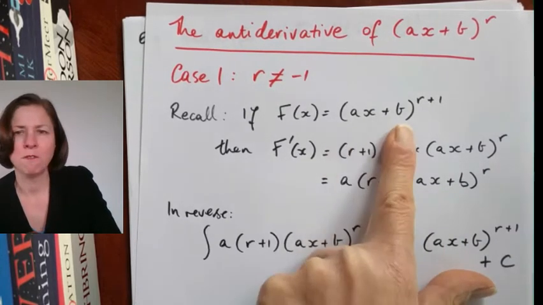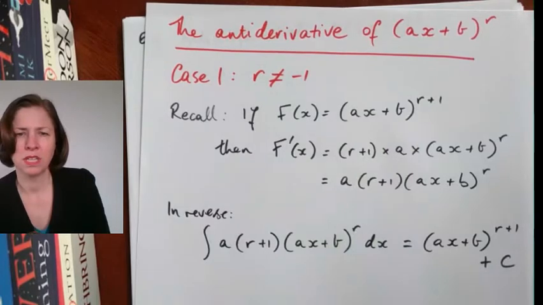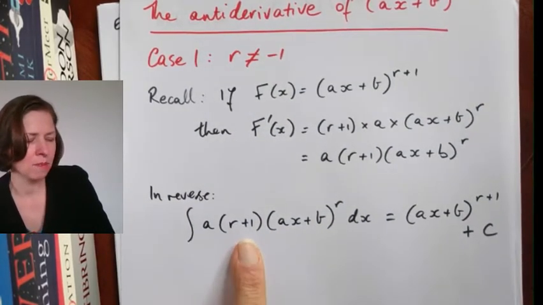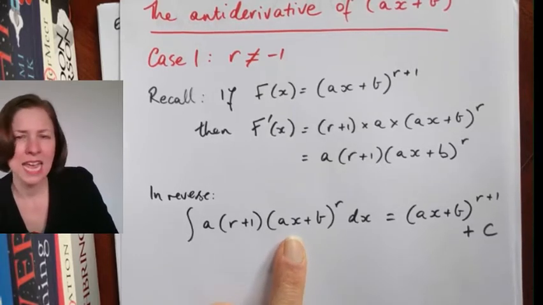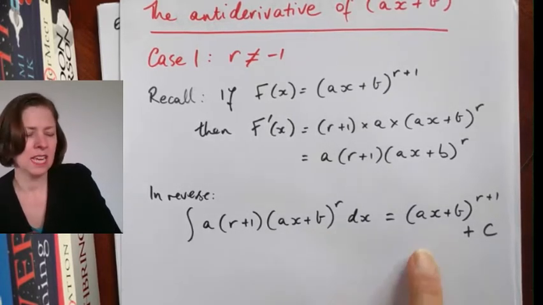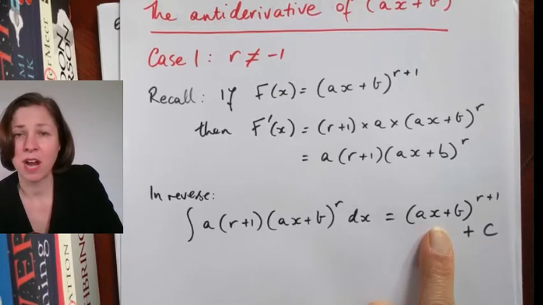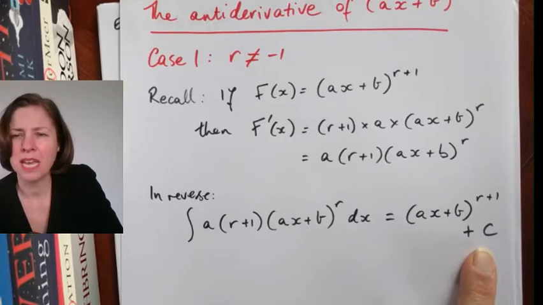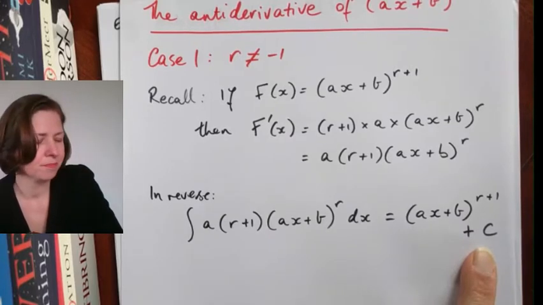So if I take that in reverse then, that means that the antiderivative of this function must be capital F of x, which is what I started with. So let's look at that. The antiderivative of a times r plus 1 times ax plus b to the power of r with respect to x is equal to ax plus b raised to the power of r plus 1, but now I need a plus c because there might be a constant added to the end.